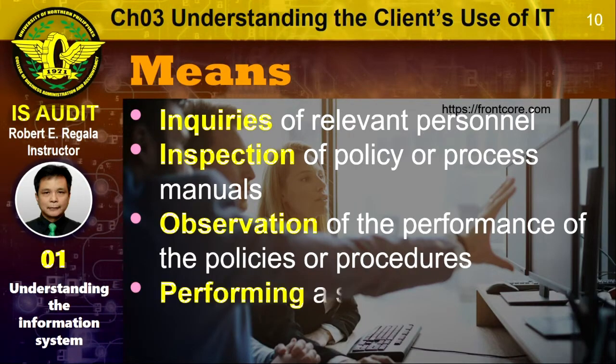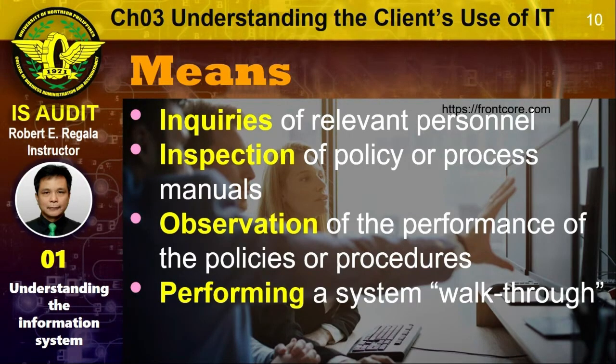Inspection of policy or process manuals, or other documentation of the entity's information system. Observation of the performance of the policies or procedures by the entity's personnel, or selecting transactions and tracing them to the applicable process in the information system, that is, performing a walkthrough.